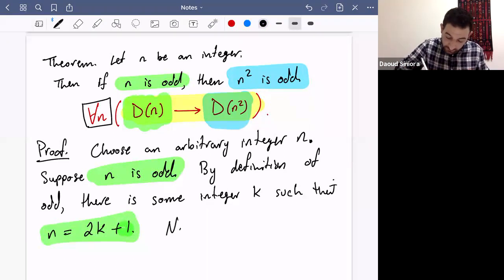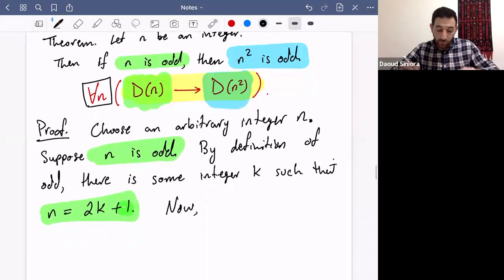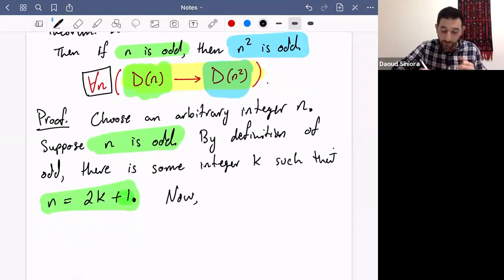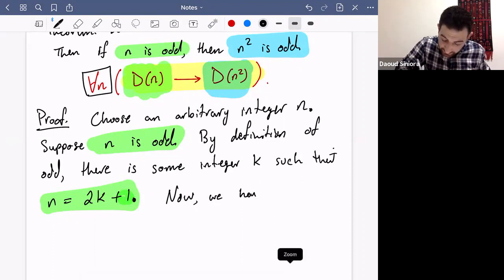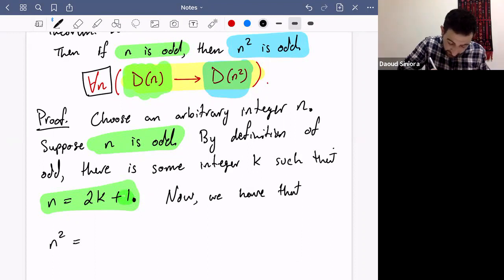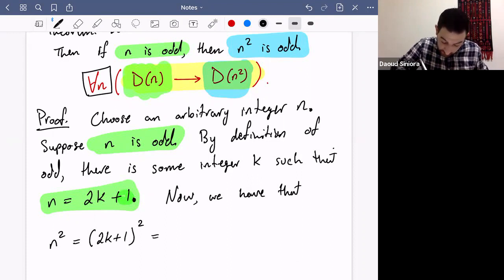So now, see how we finish our sentence with the full stop. We start a new sentence with a capital letter. Now we have that n squared is equal to 2k plus 1 all squared, and this is equal to 4k squared plus 4k plus 1.